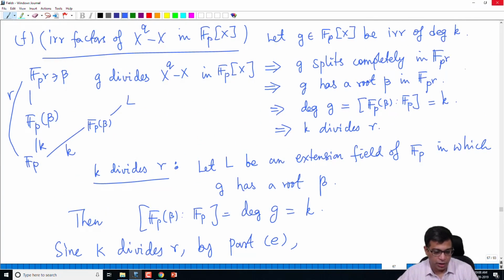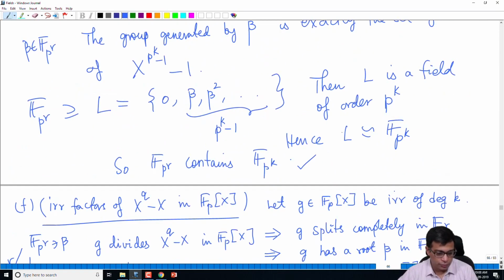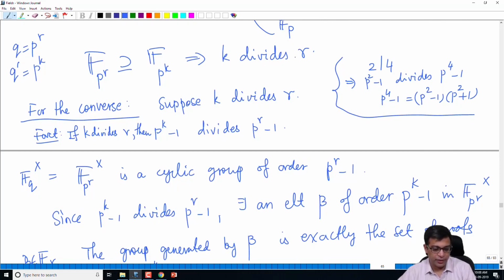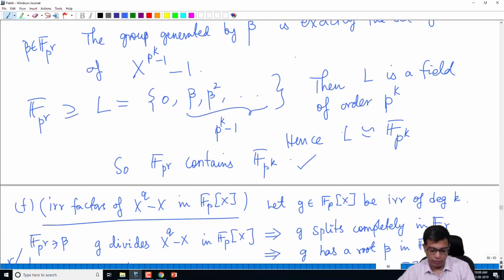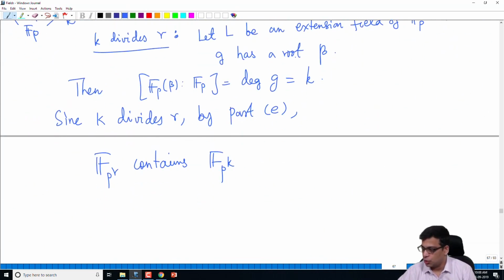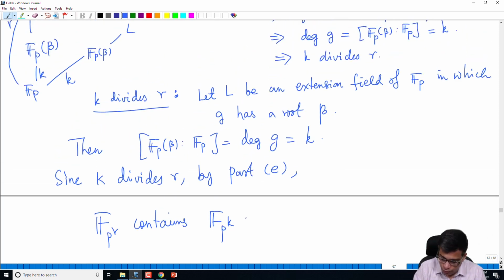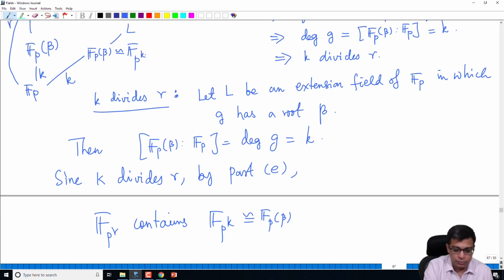This is exactly part E. We have shown in part E, if k divides r, F_p^r contains F_p^k. So F_p^r contains F_p^k, which is actually isomorphic to F_p(beta), because F_p(beta) has degree k over F_p. That means this is F_p^k, right?